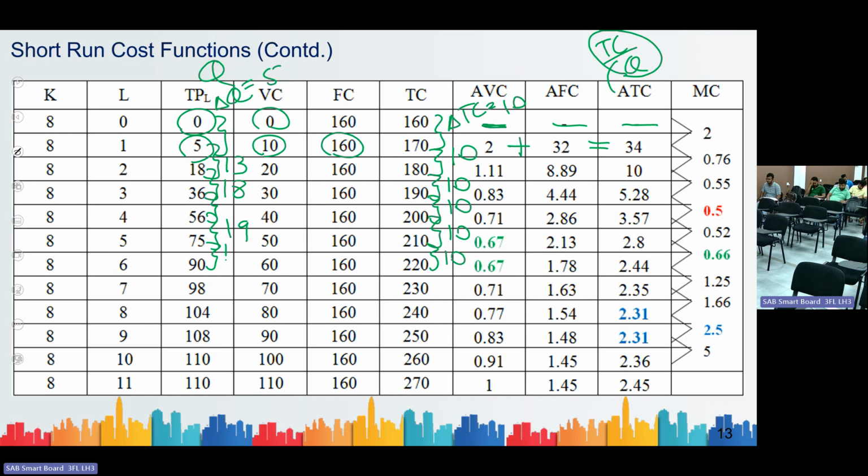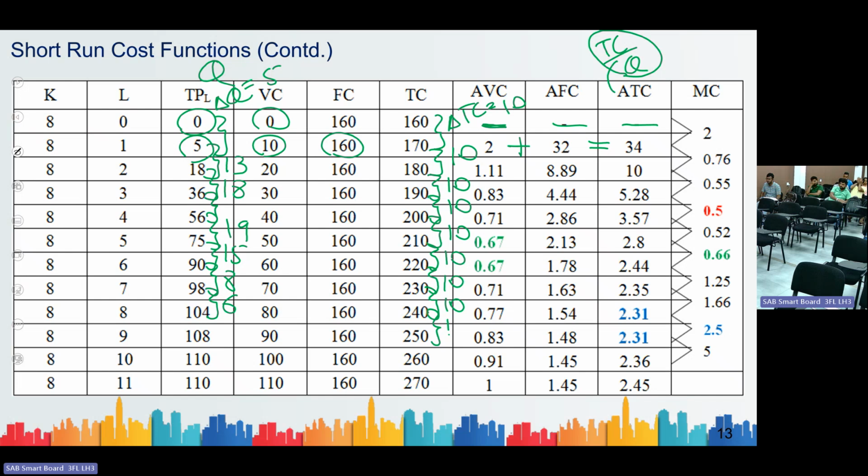Output increases by 15. 10 divided by 15, the answer is 0.63. Total cost increases by 10. Output increases by 8. 10 divided by 8, 1.25. Total cost increases by 10. Output increases by 6. 10 divided by 6, it's 1.66.